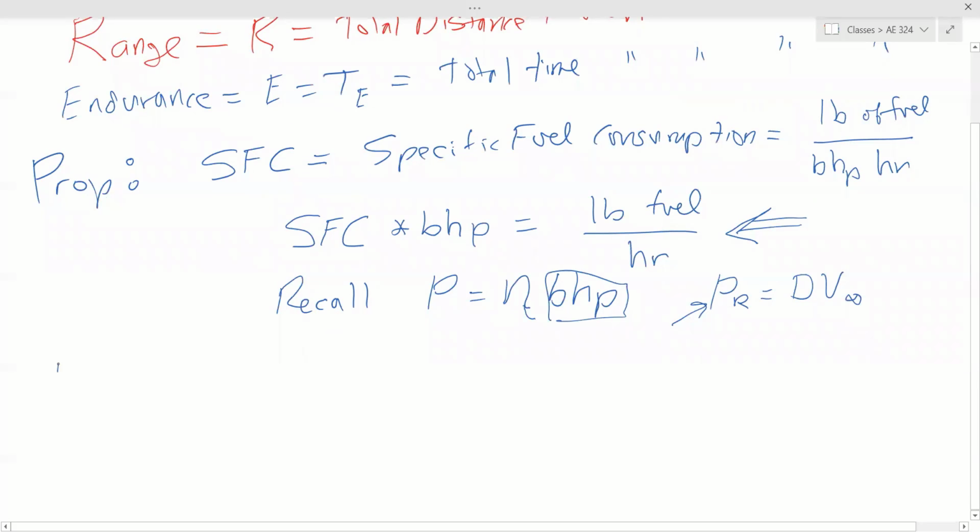So E in the book, or the endurance time, comes from the hours per pound of fuel, which is going to come from 1 over the thing that we just talked about.